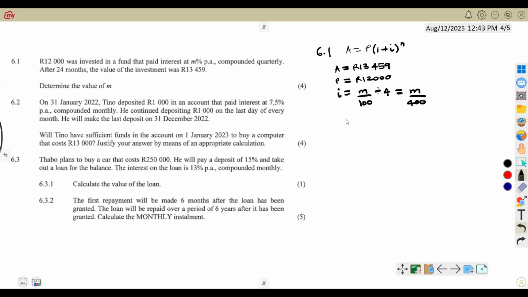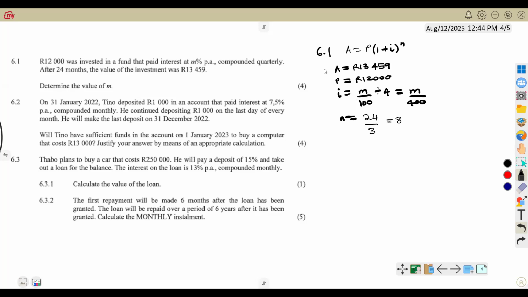Then we also have n. Our time is given in months, which is 24, but you have to make sure it relates to how many quarters there are. So we divide that by 3. So this is equal to 8.